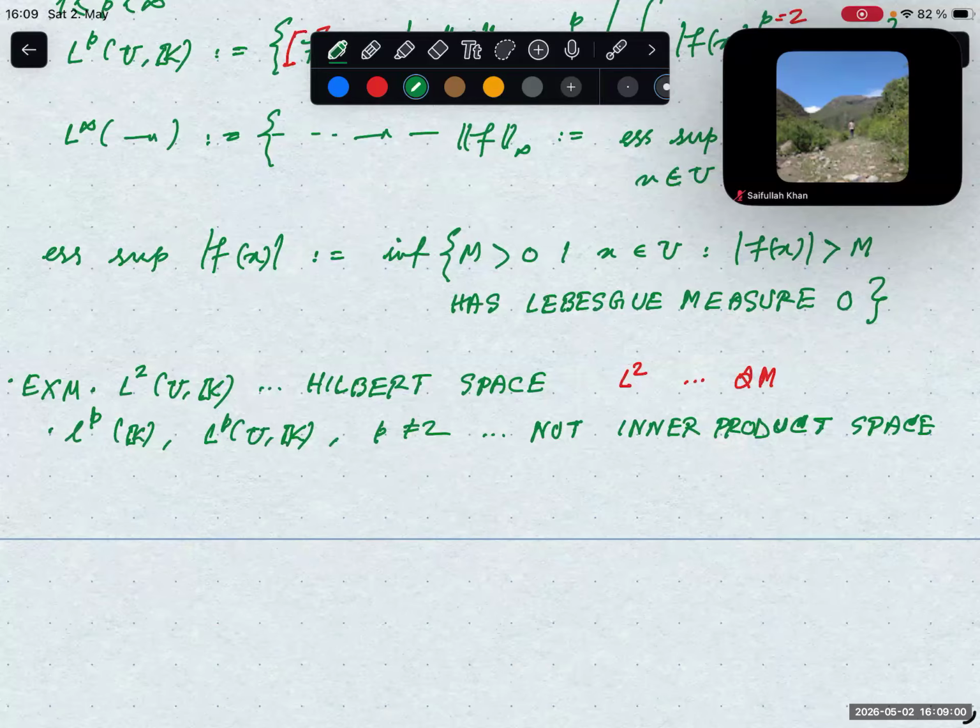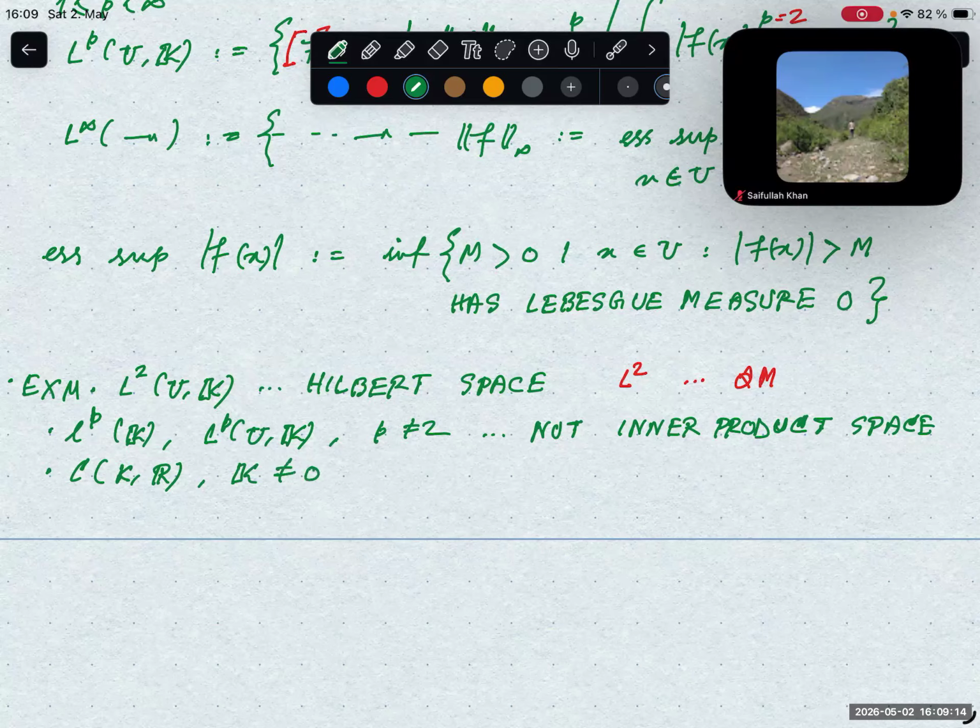We also talked about continuous functions on a compact set yesterday. Let's put C(K), R, where of course K is non-empty. This is also not an inner product space.